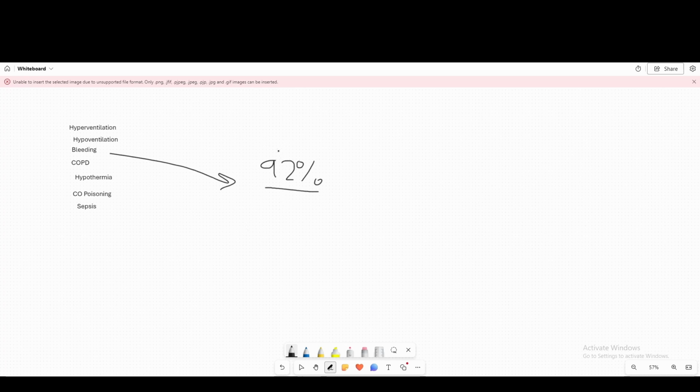But the number where the saturation becomes concerning should be higher. So in a normal patient, we start to get concerned around 94%. Lower than 94%, we're starting to get a little hypoxic, right? But in our bleeding patient, a 94% is going to be a lot more concerning than in a normal patient.